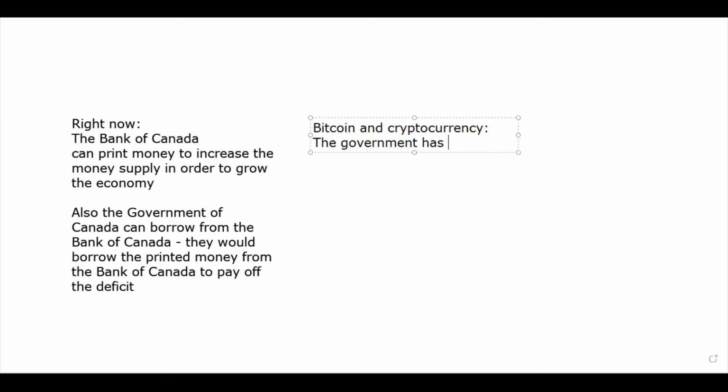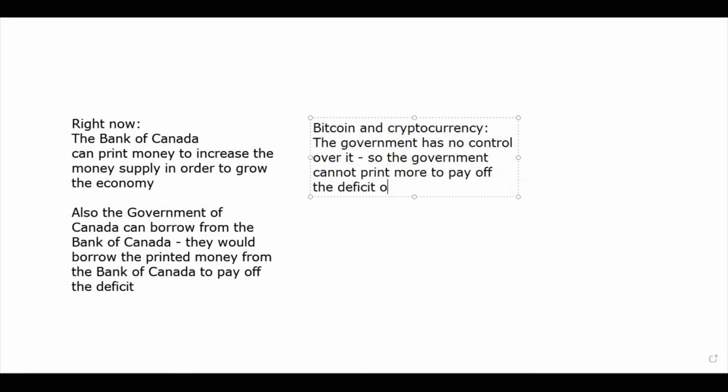So they can do that right now, but with Bitcoin and cryptocurrency, the government has no control over it. So the government cannot print more to pay off the deficit or to grow the economy.